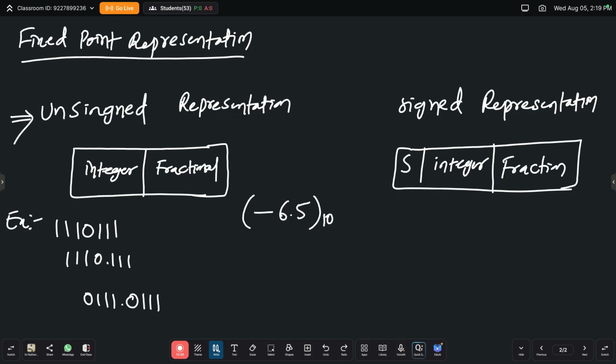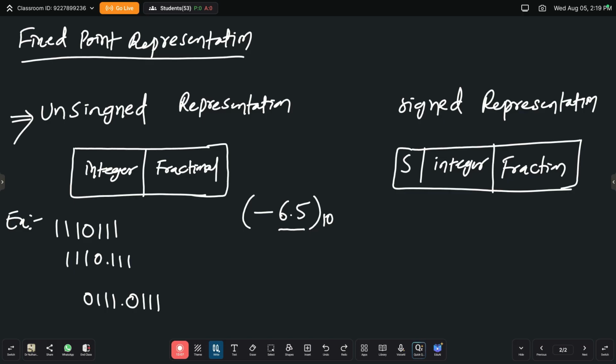In this format, the sign bit is already available, so forget about the sign now. Because there is a representation purpose, we have a sign bit. So you concentrate on the number. The sign we can take later, whatever it is.